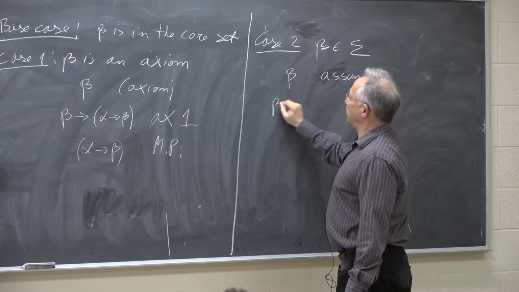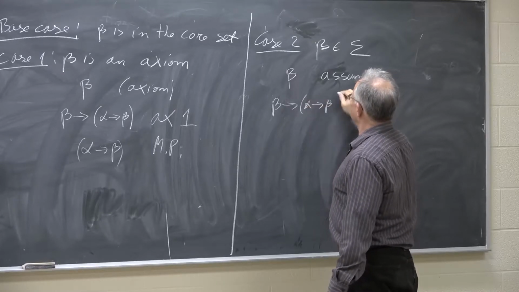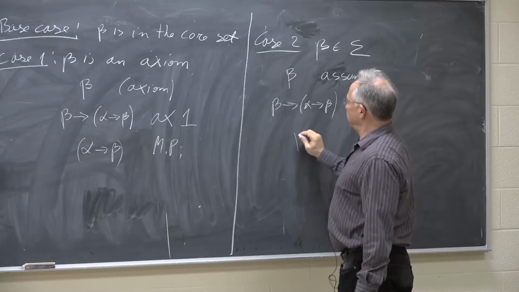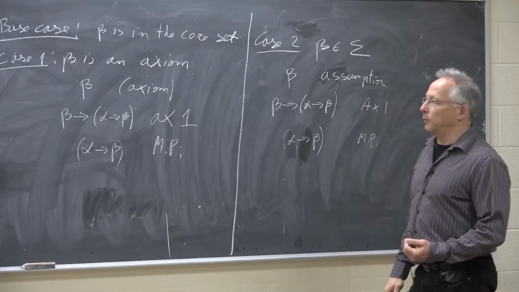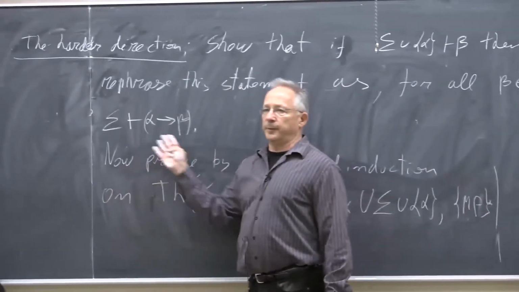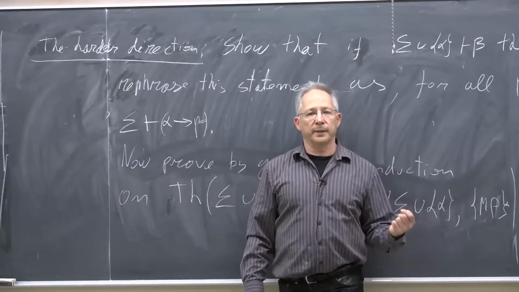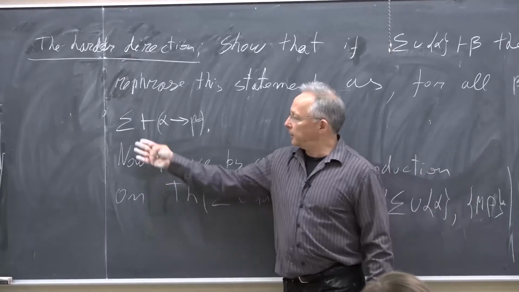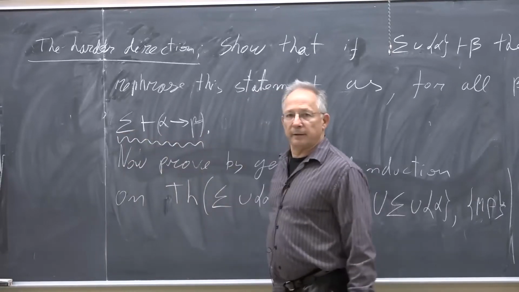Then I'll write beta arrows alpha arrows beta, which is axiom 1. Then I'll do modus ponens, and I'll get alpha arrows beta. Just remember all the time what we need to do. We need all the time to show that sigma can prove alpha arrows beta. So this is a proof from sigma because I used an assumption from sigma. That's what I need all the time to show.